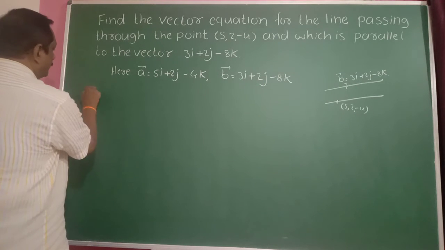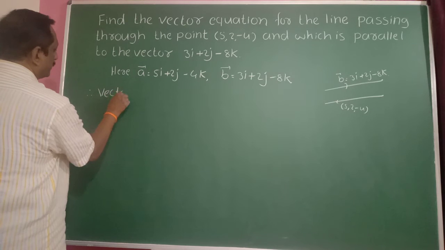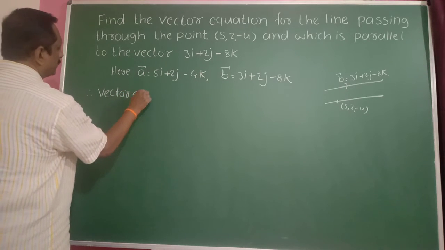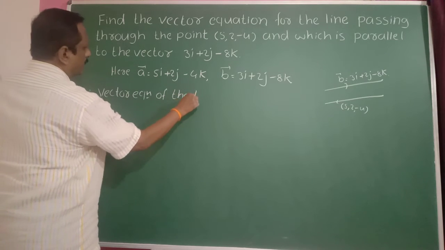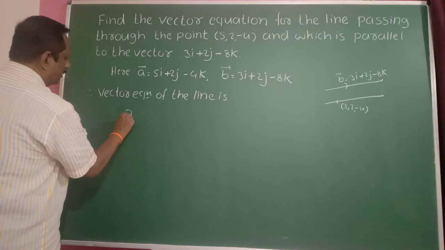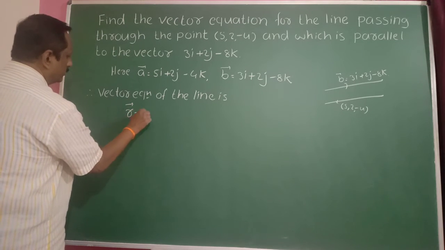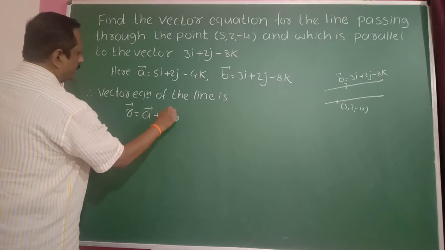Therefore, the vector equation of the line is r bar = a bar + λ b bar.